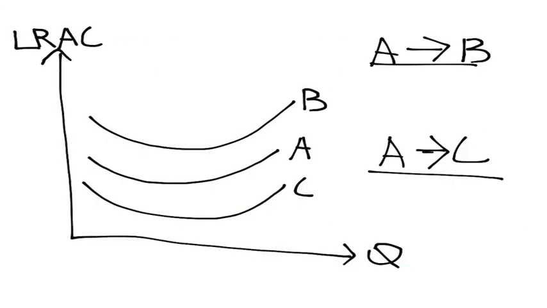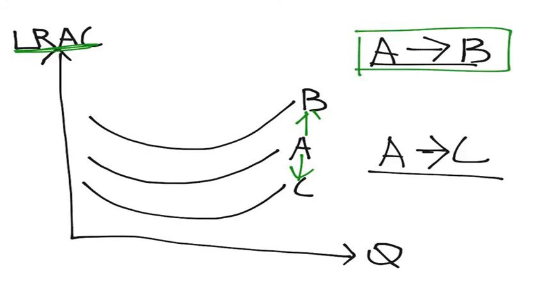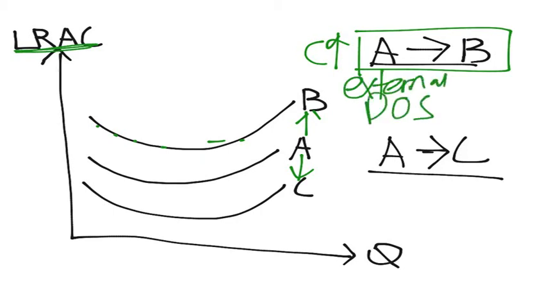Okay? Now, there may be possible shifts of the long run average cost curve from maybe A to B or A to C. So if the curve shifts upwards from A to B, what this means is for every point of output, the cost has increased. This is due to external diseconomies of scale.